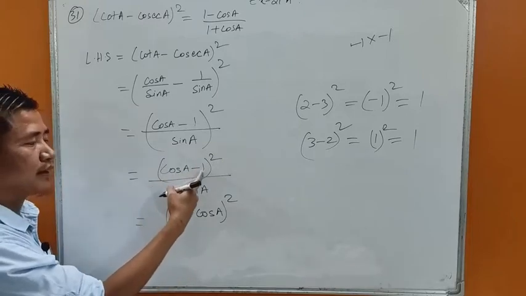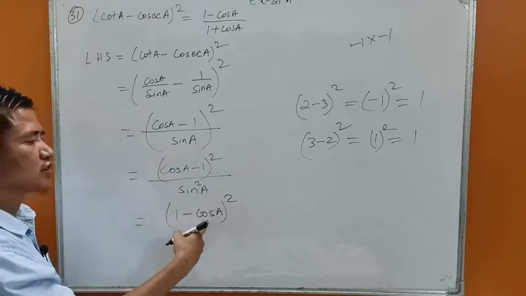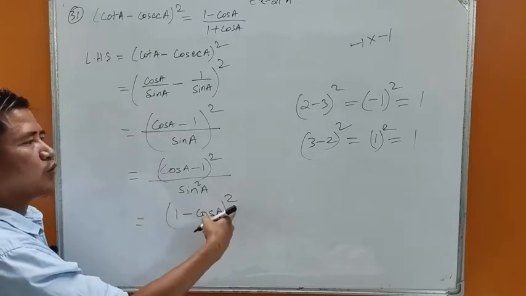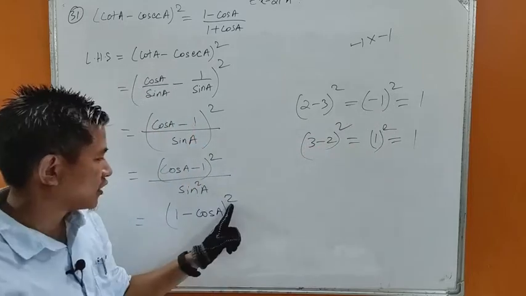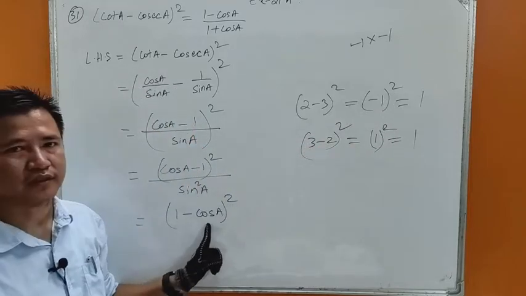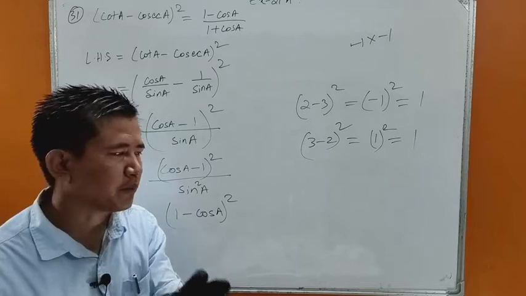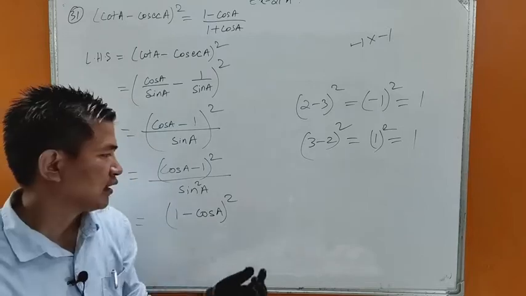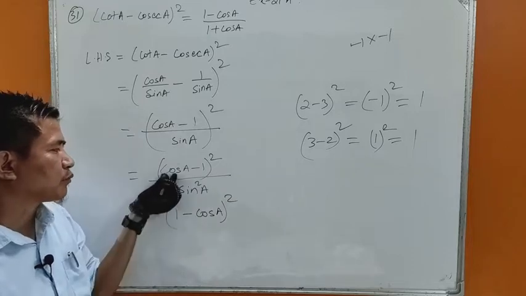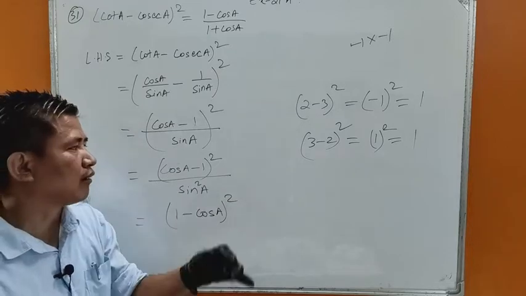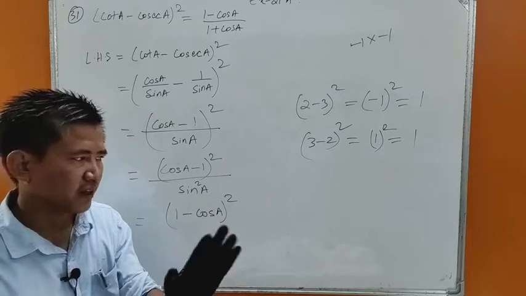Cos a minus 1 cannot be written as 1 minus cos a unless there is a square. When there is a square, the sign changes to plus. If there is power 4, then we can do this. If the power is an even number, then we can write the negative number as positive and the positive number as negative. If the power is an odd number, then we cannot do that, okay.